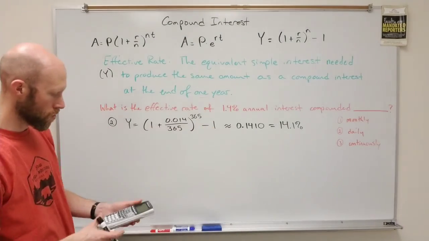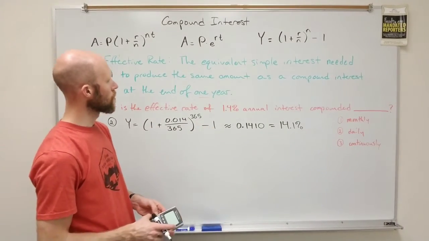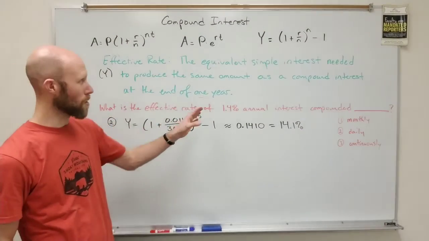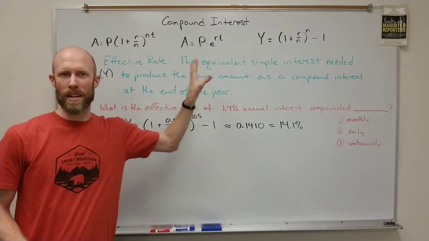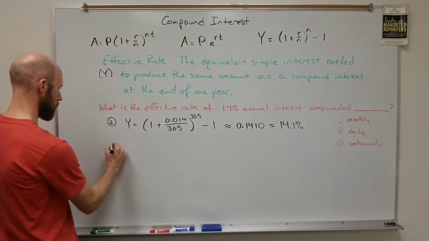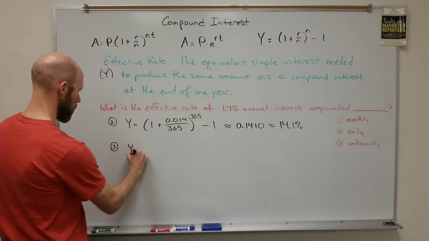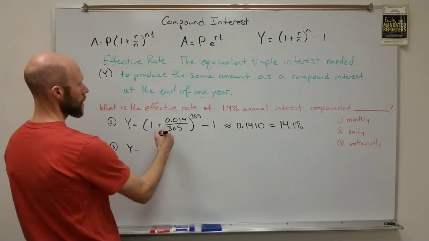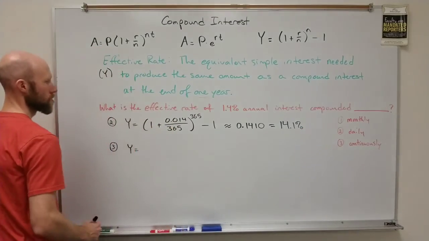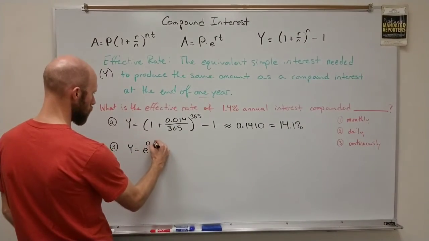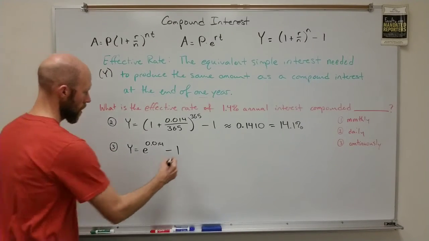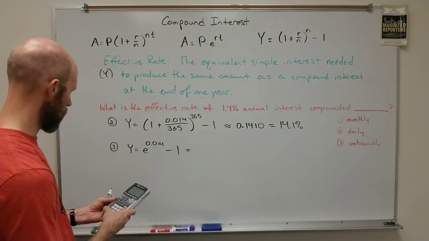And of course, if I went to continuous, now this one's a little bit sketchy. It's not sketchy in the fact that it isn't accurate, but it's not given. This formula, the yield for continuous compounding, is not actually given in your textbook. But what I'm going to go ahead and do is work with it. Basically it's the e to the r part minus the 1. So it's e to the 0.014 minus 1, and it should work out anyway.